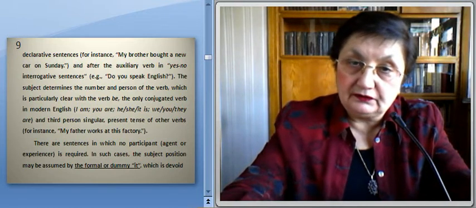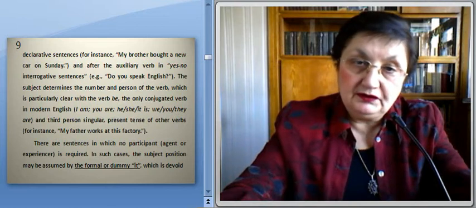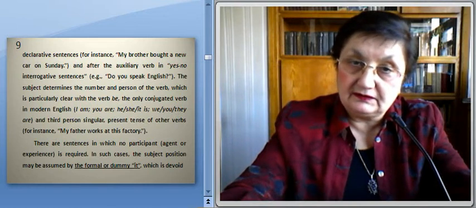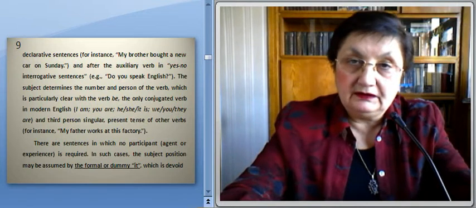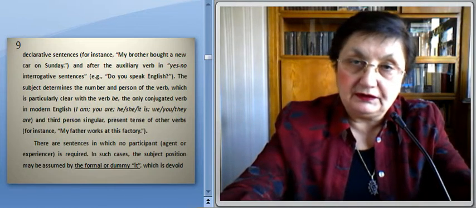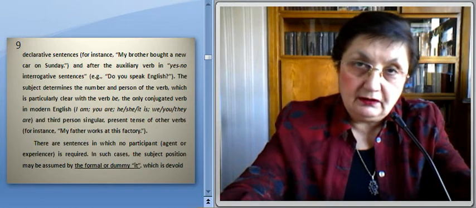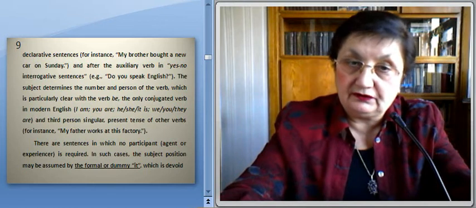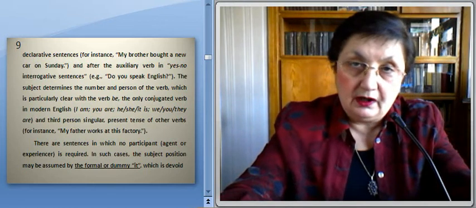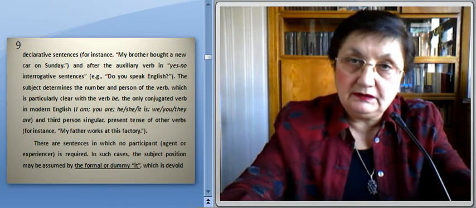For instance, "Do you speak English?" The subject determines the number and person of the verb, which is particularly clear with the verb be, the only conjugated verb in modern English: I am, you are, he is, we are, and third person singular present tense of other verbs.